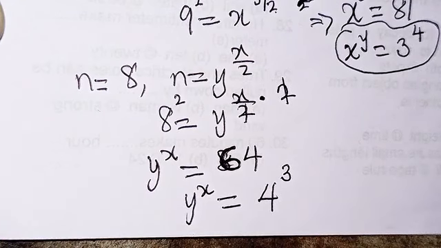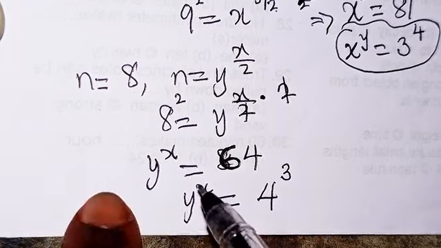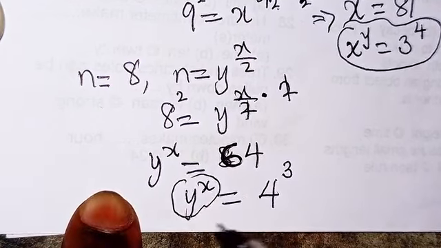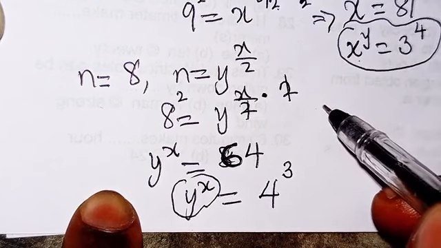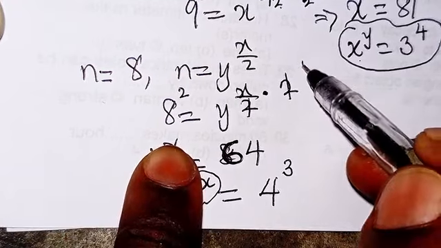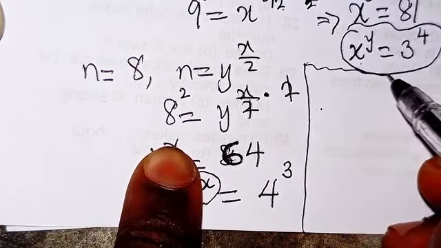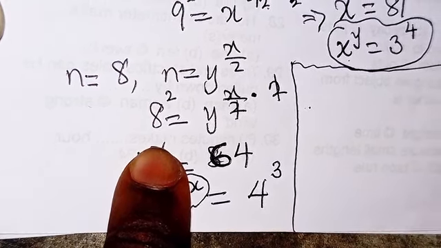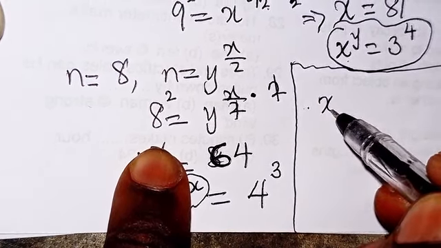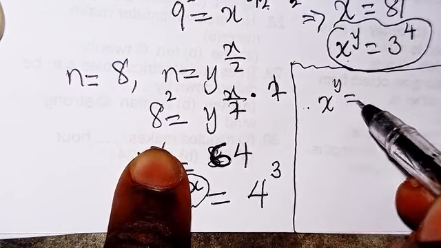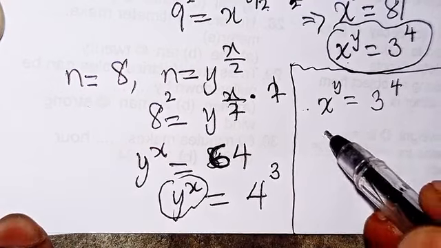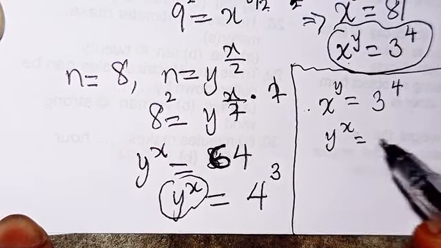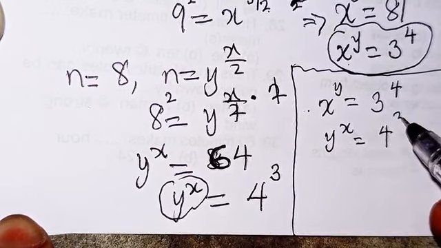So now from there, we are going to bring this and this together. So now bringing that, we're going to have x to power y equals 3 to power 4, and y to power x equals 4 to power 3.